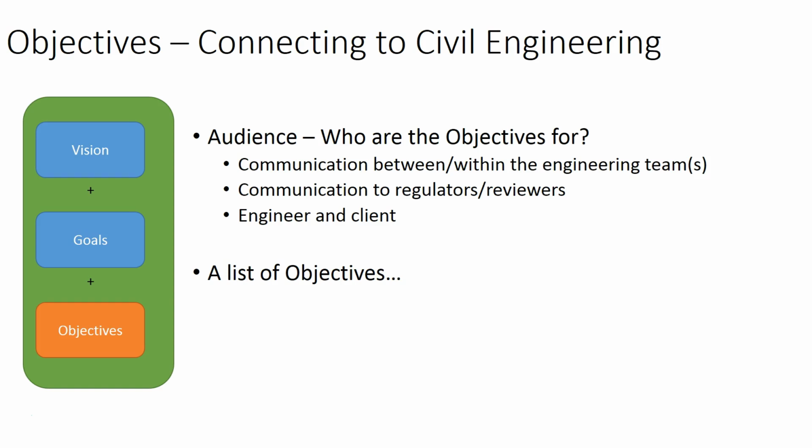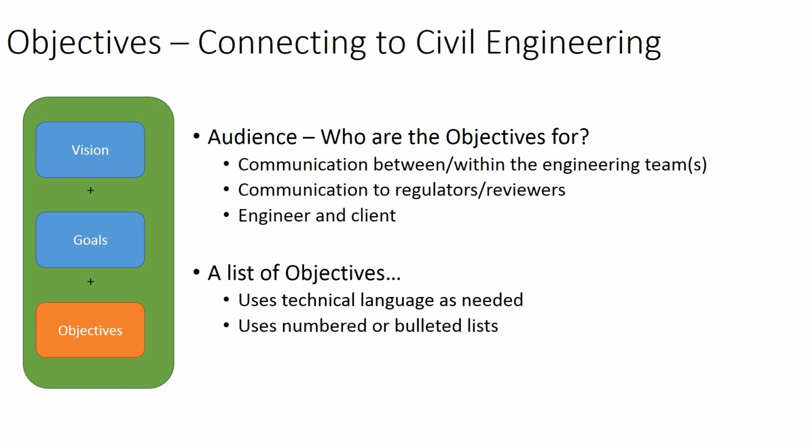But then finally, it's also important that the engineer and client are on the same page with the specific design objectives as well. Some guidelines for developing a good list of objectives: it's okay to use technical language when you're developing objectives. Just make sure that when the information is communicated back to the client, there's enough detail present so the client is fully aware of what's going on. And then again, numbered or bulleted lists are also acceptable.